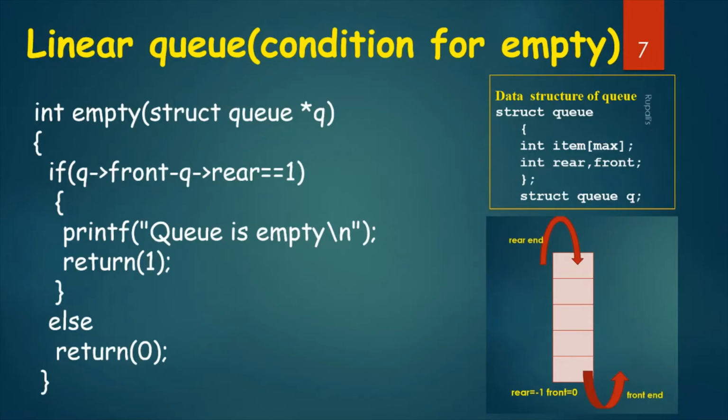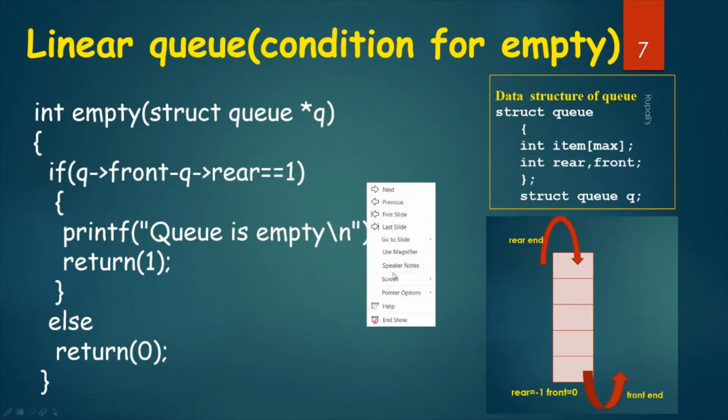If the queue is empty, it returns 1. If the queue is not empty, it returns 0. So it returns either 1 or 0, both are integers, so the return type is integer. The function name is empty, and struct queue star queue means here I am passing the address of this structure queue.